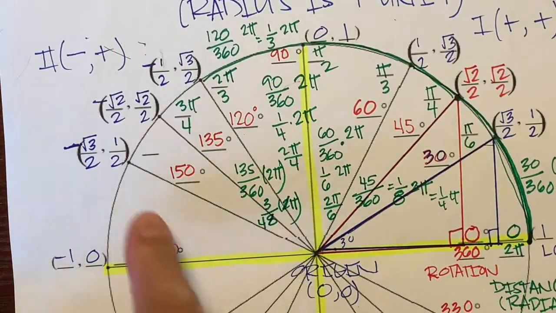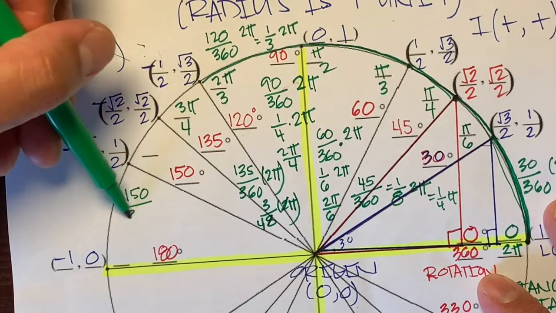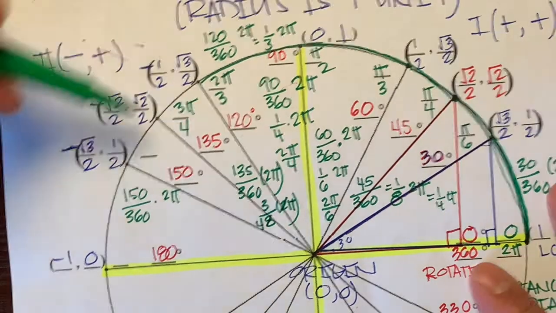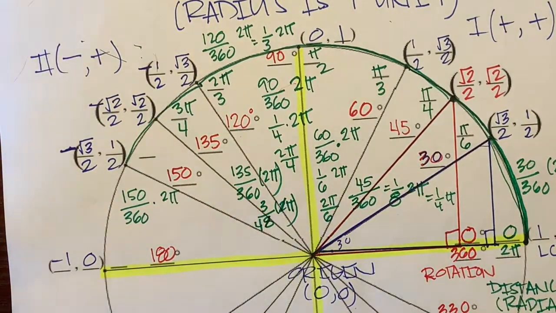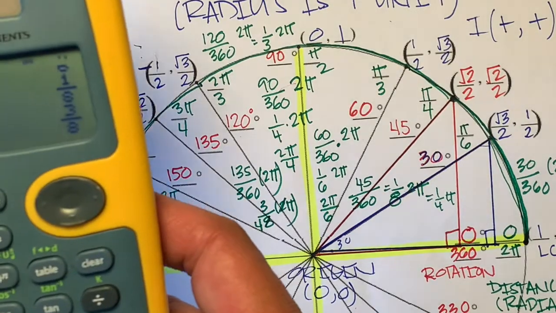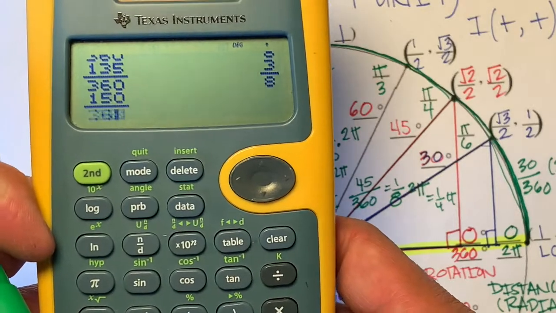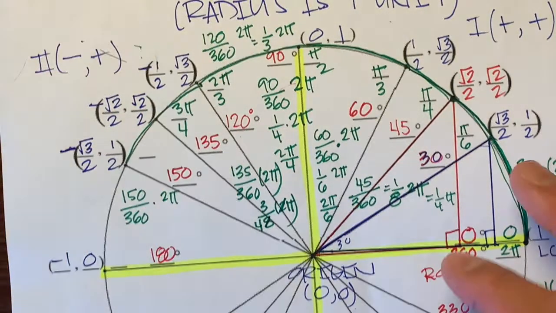Okay, this next one, 150 out of 360 times 2 pi. So we're finding that distance all the way over here. Okay, let's use our calculator. 150 out of 360 is 5/12.